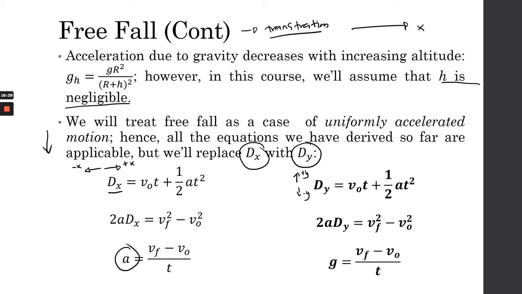So for free falling motion, we'll use all of these equations, and as you can see, they're basically the same equations, with only a little change in the displacement because we are focusing on going up and down. So instead of the x-axis, we are dealing with the y-axis, and instead of acceleration a, we will use g, which is the letter that we use when we talk about acceleration due to gravity.